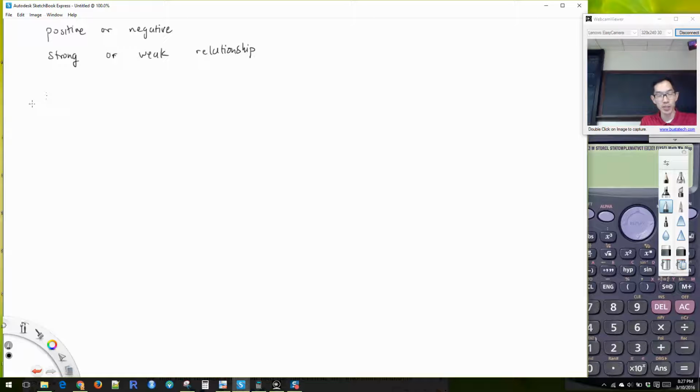So variable 1 will be a person's height, and the person's pants inseam. So this will be x, and this will be y.